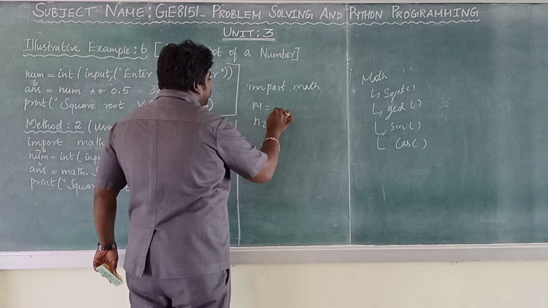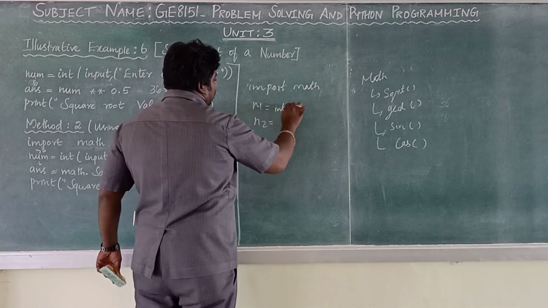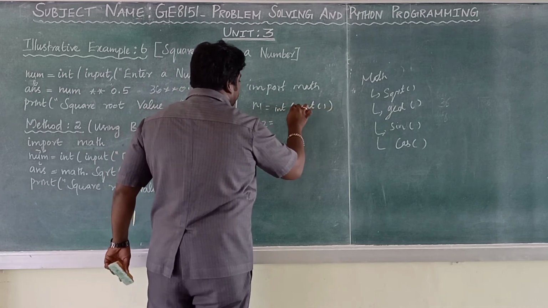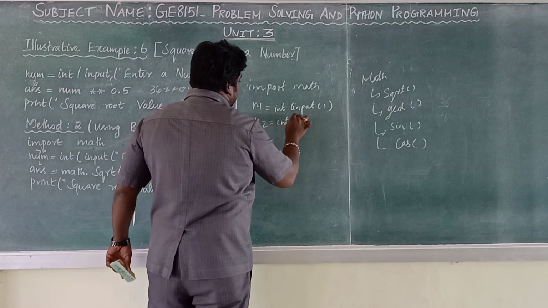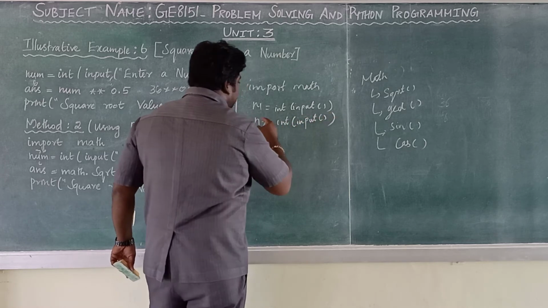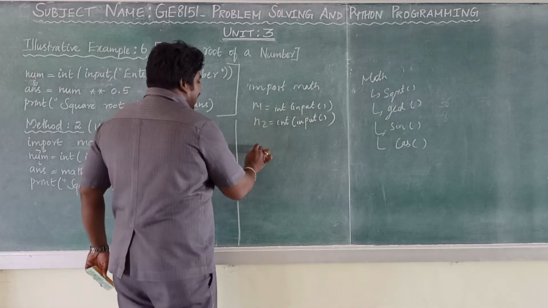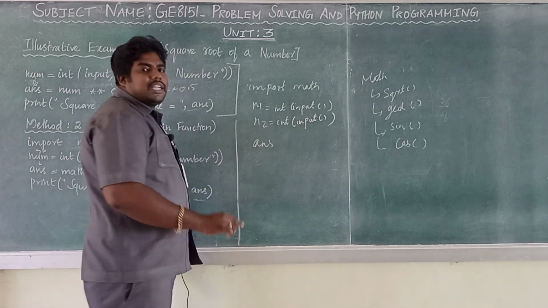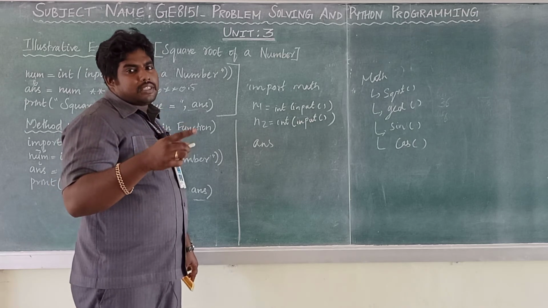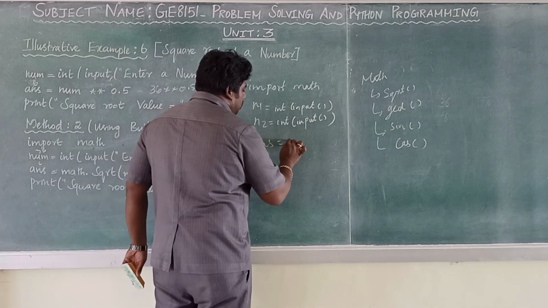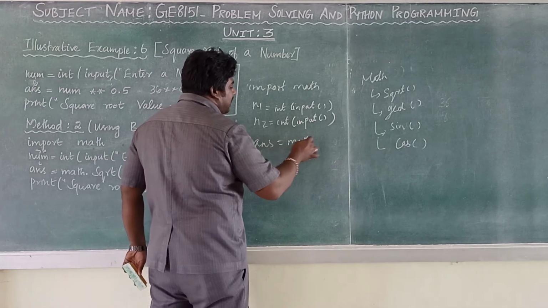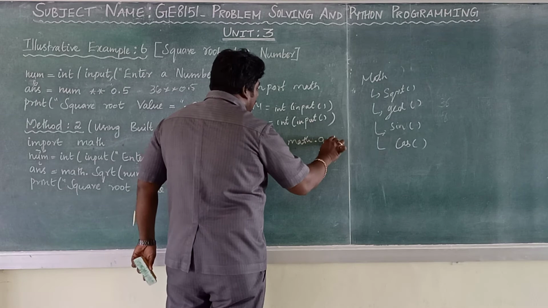So n1, n2, int input of, similarly int input of, so two values. Answer equal to, for finding GCD, how many numbers are required? Two numbers, greatest common divisor. So answer equal to math, where the particular function is located, that is your package name, dot gcd of n1 comma n2.